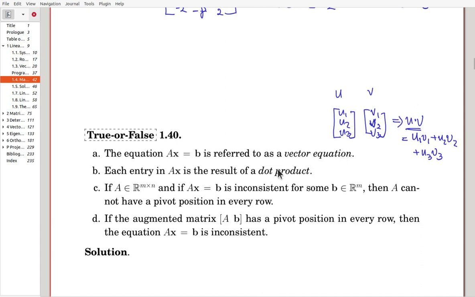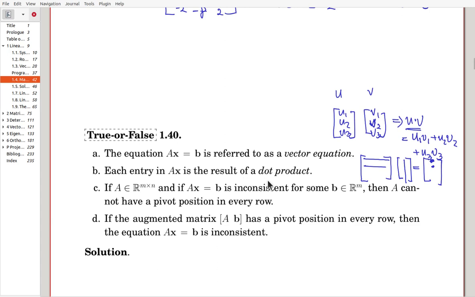In matrix vector multiplication, once a matrix is given and a vector is given, then the result entry is basically the first row and the column dot product occupying this position, second row and vector occupying this position, and so on, so each entry in matrix vector multiplication is the result of a dot product.